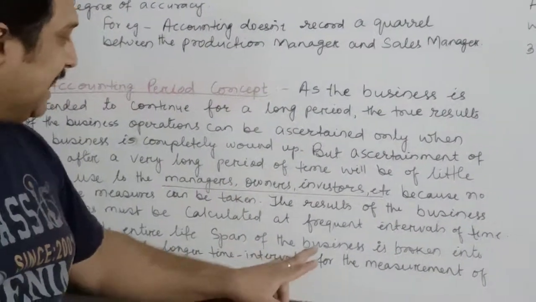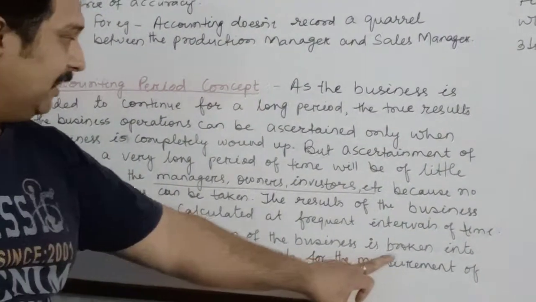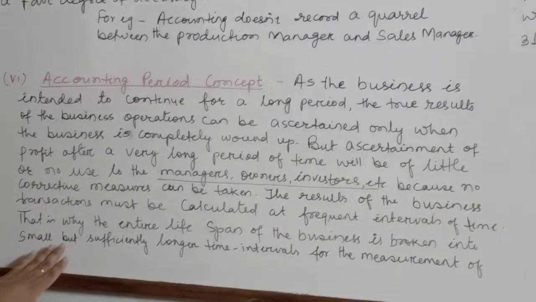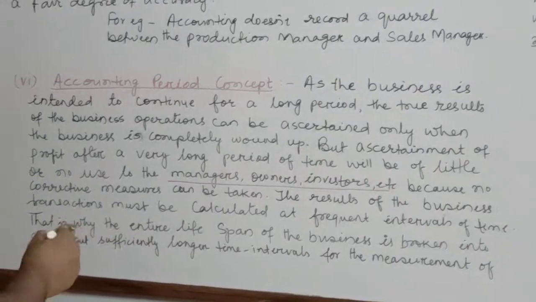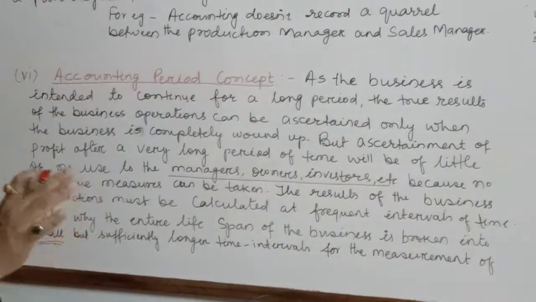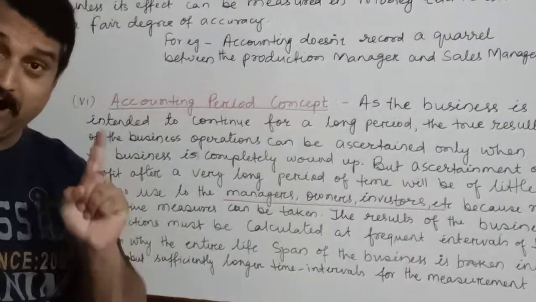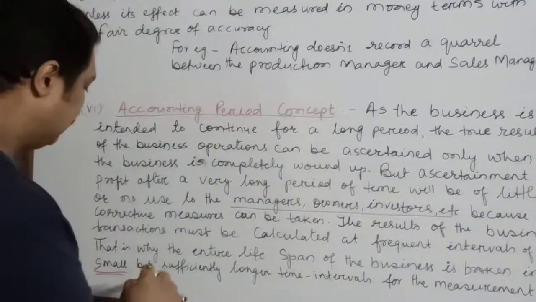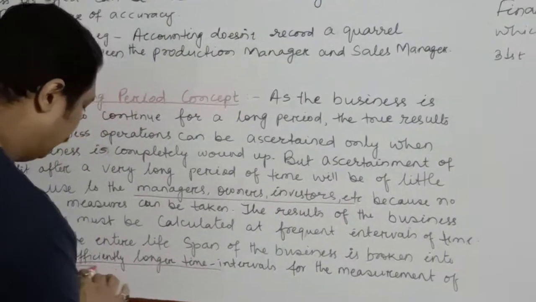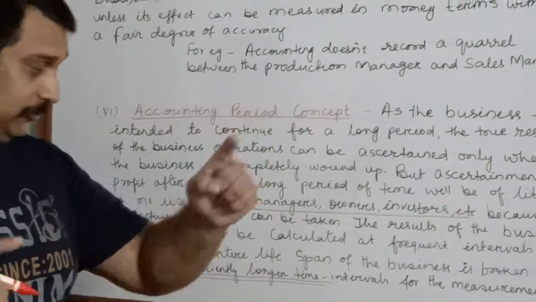And that is why the entire lifespan of the business is broken into small but sufficiently long time intervals. That is what I am saying. It should be small in order to understand and give you the correct profit. And at the same time, it should not be too long either.